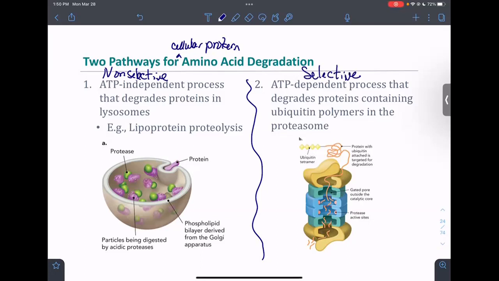So the non-selective pathway is just to put everything into a lysosome at a really low pH, about pH of 5, to break down and degrade the proteins. So it doesn't require ATP for that degradation to occur. You have some proteases in there that are going to help with that, but it's ATP independent.